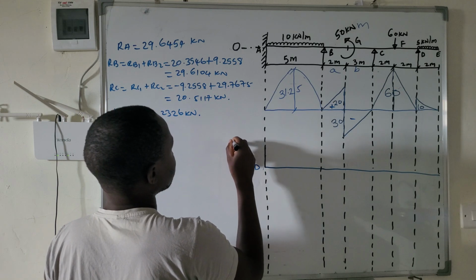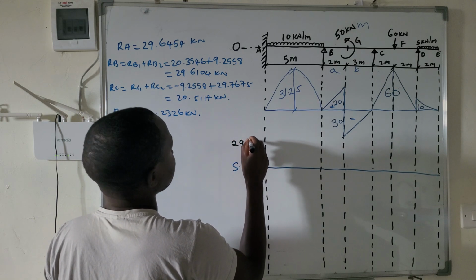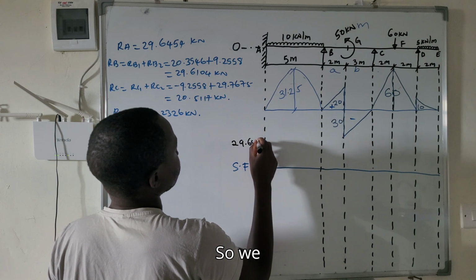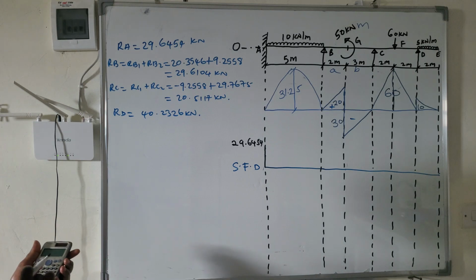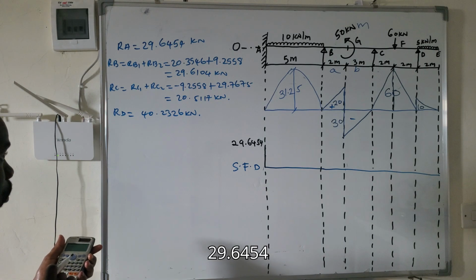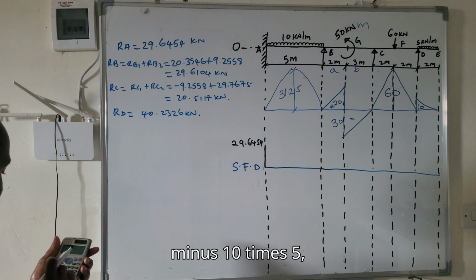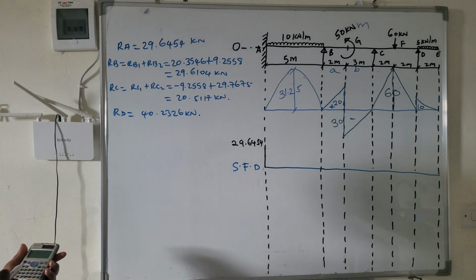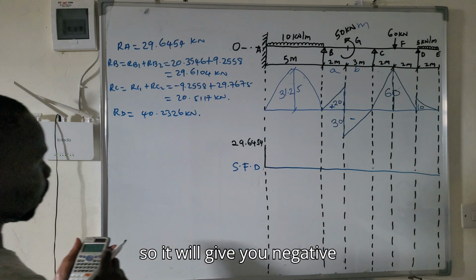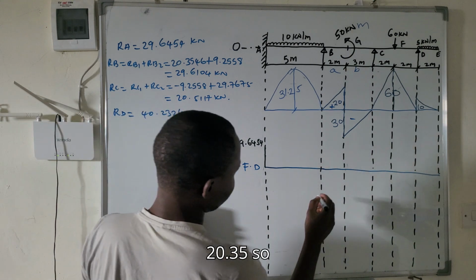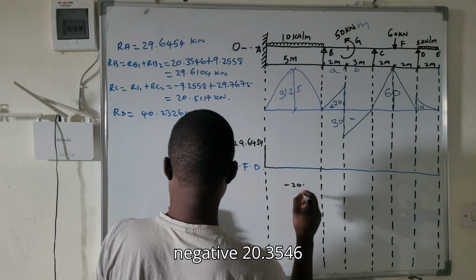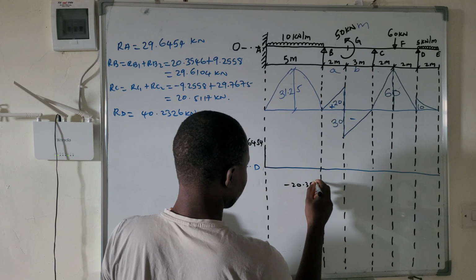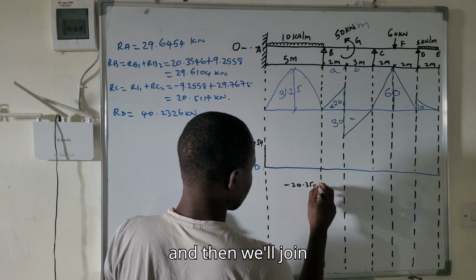You take 29.6454 minus 10 times 5, which is 50. It will give you negative 20.3546.